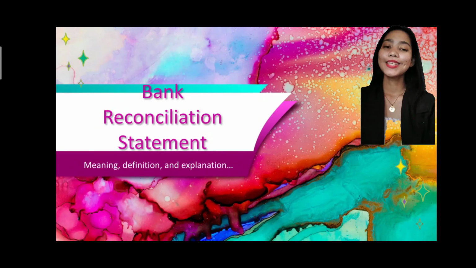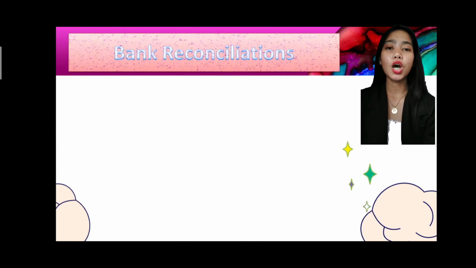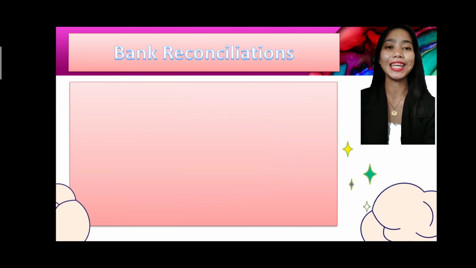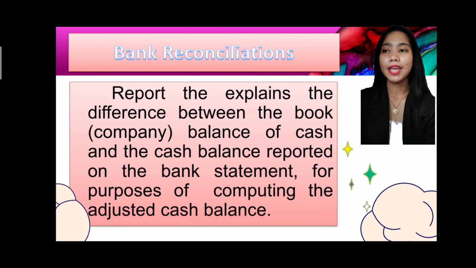Augustine. So hello again. In this lecture, we will define bank reconciliation. According to Fundamental Accounting Principles, 22nd edition, the definition of bank reconciliation is a report that explains the difference between the book balance of cash and the cash balance reported on the bank statement for the purposes of computing the adjusted cash balance.